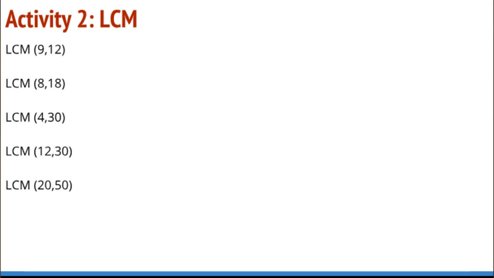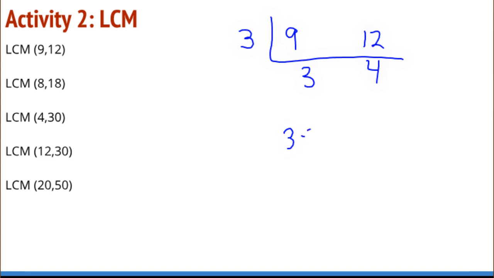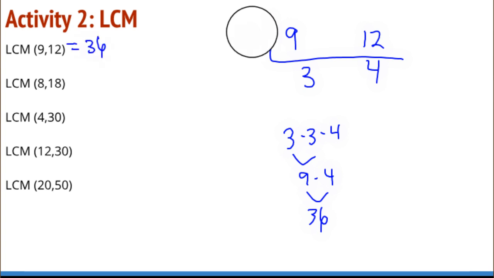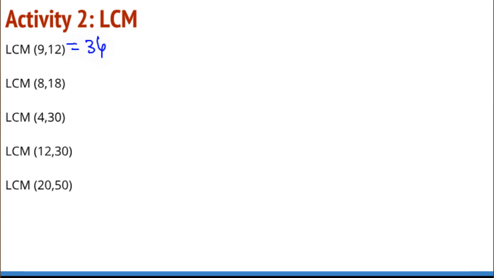All right, taking a look at some activity here with 9 and 12. I've got 9 and I've got 12, and I can divide them both by 3. So I've got 3 times 3 times 4, 9 times 4, which is 36. I could just as easily do it with factor trees.